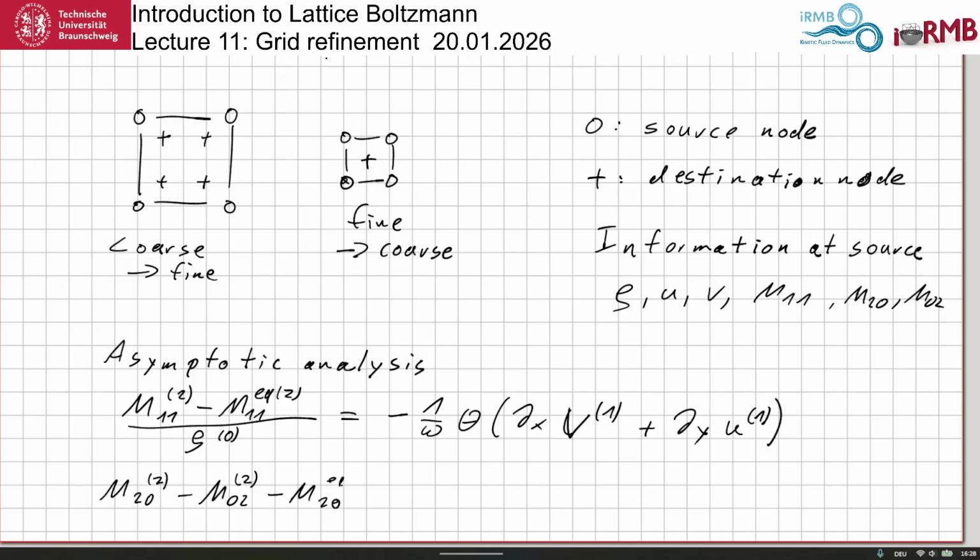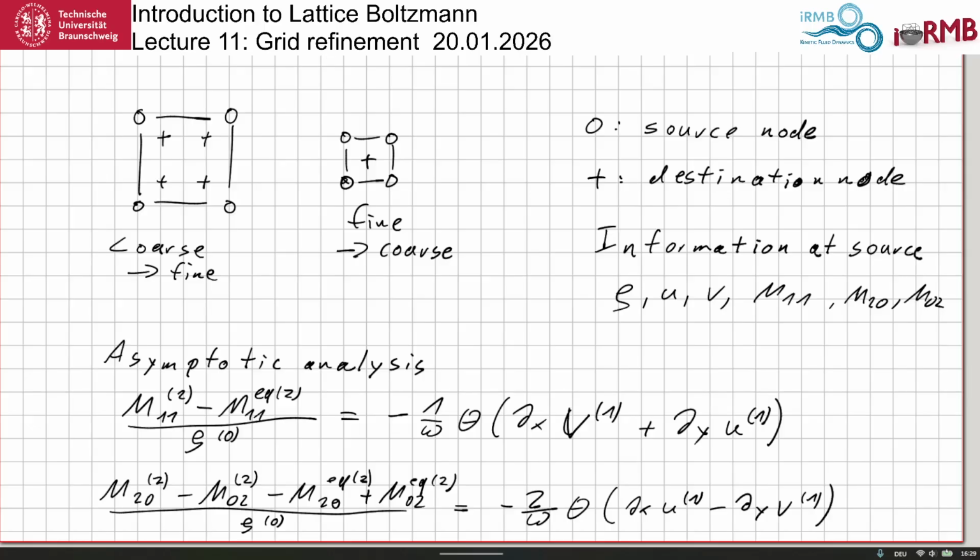M20, so if we subtract the equilibrium to second order, divide this by rho, what we get is minus 2 divided by omega theta dx u1 minus dy v1. So now what you see is that these guys here give us additional information on the gradients of the velocity. Yeah. So this we can use for interpolation.